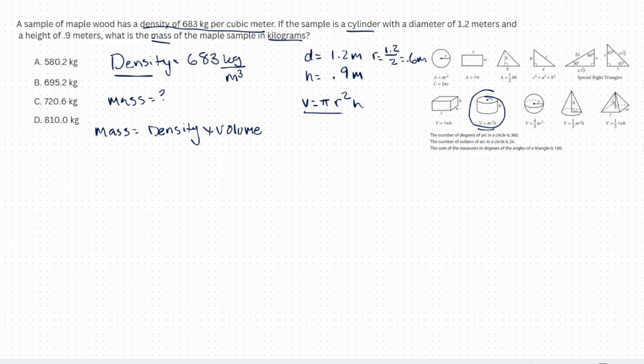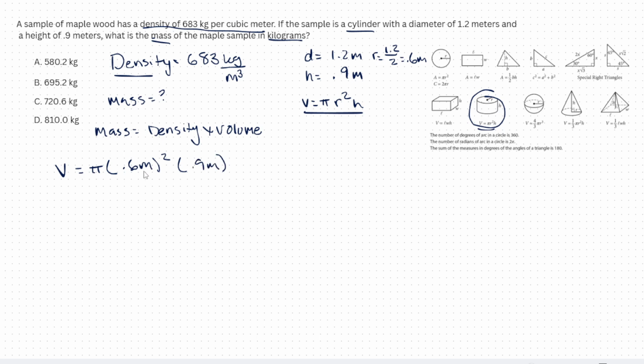And we can figure out what our volume is so that we can eventually multiply it by our density and get our mass answer. So our volume of a cylinder is pi times our radius squared, 0.6 meters squared, and then times our height of 0.9 meters.